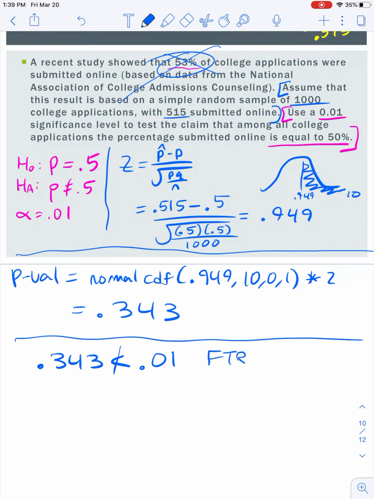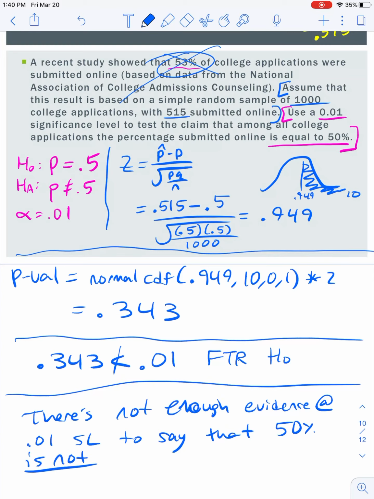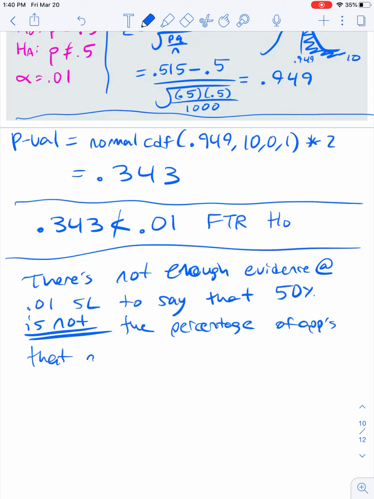It's definitely not, so we're going to fail to reject the null, which means there's not enough evidence at the 0.01 significance level to say that 50% is not, and we're going to use the term not because it was a not equal to problem, and we're always talking about the alternative hypothesis, is not the percentage of applications that are submitted online.